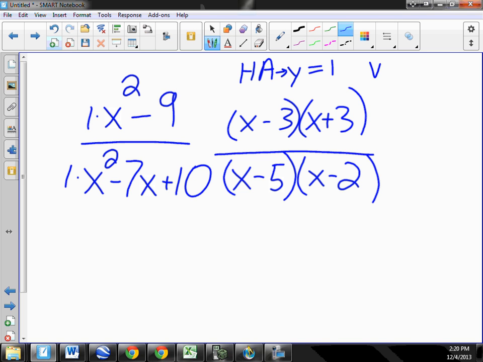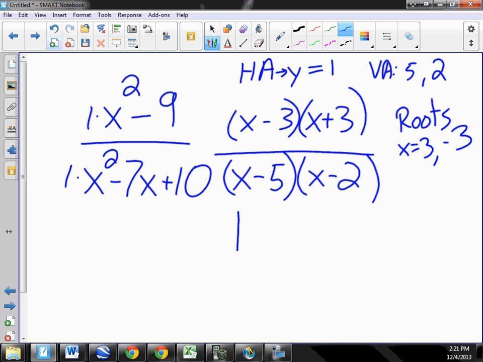So my vertical asymptotes are 5 and 2. Do I have any roots? Well, when does the graph equal 0? Whenever the top equals 0. So my roots would be x equals 3 and negative 3.